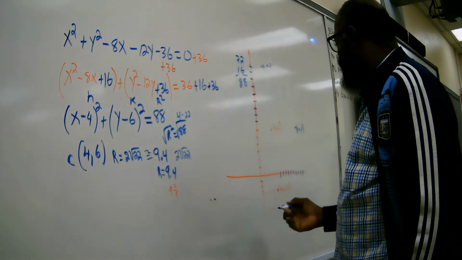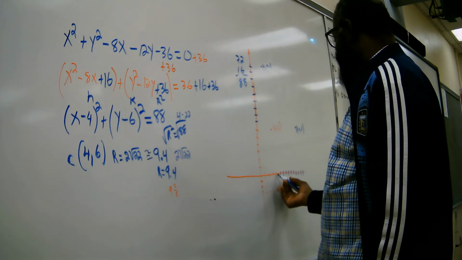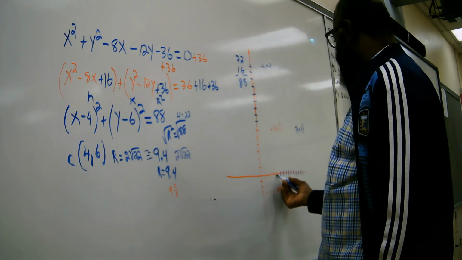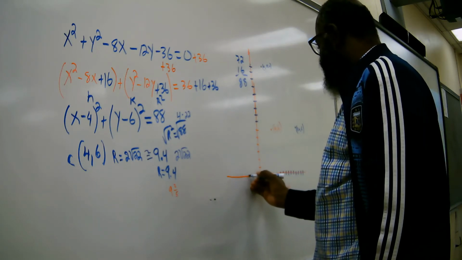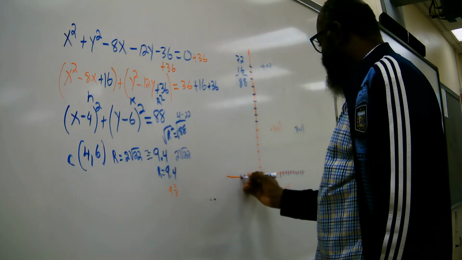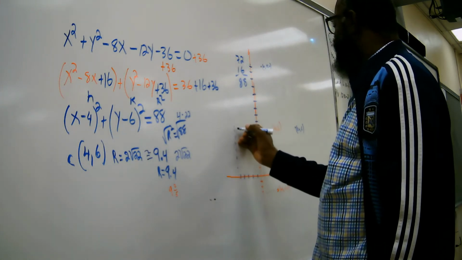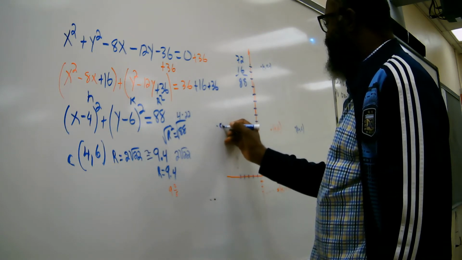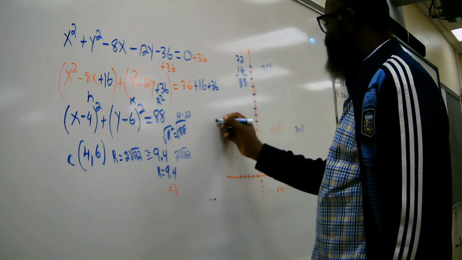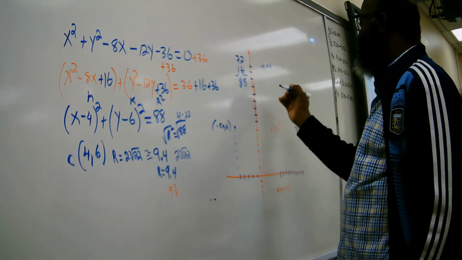Same thing here. If you add 4 units, you're going to add 13.4 to it. You will be at negative 5.4, negative 5.4 comma 6. So now we are ready to graph our circle.